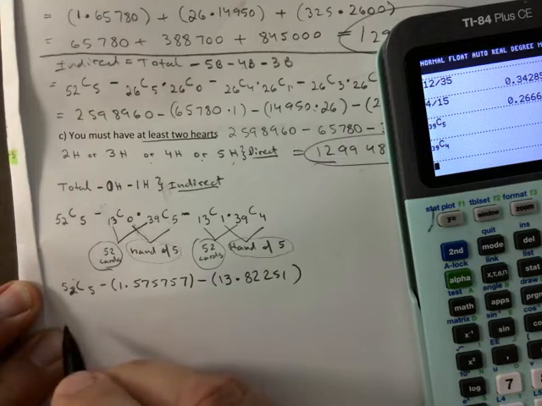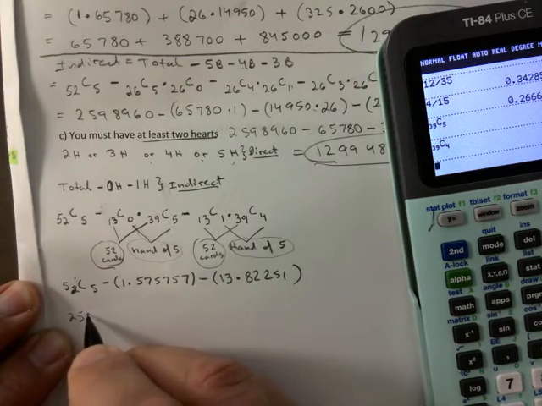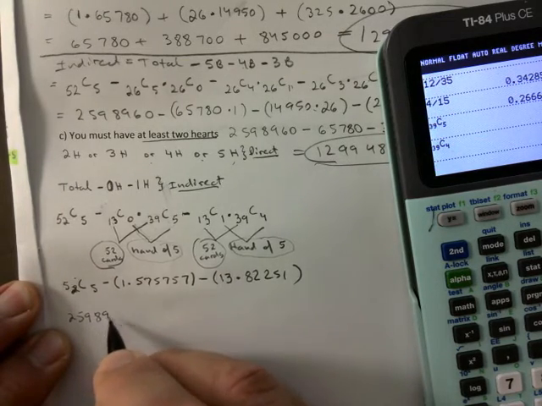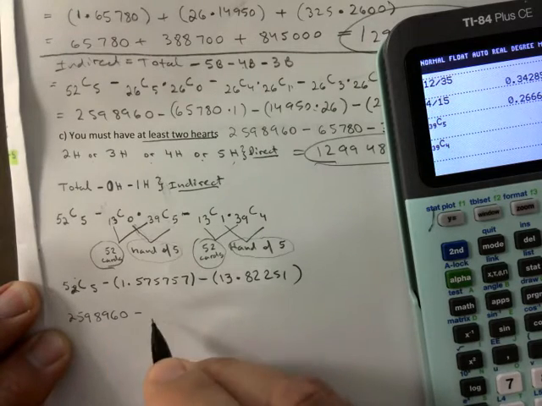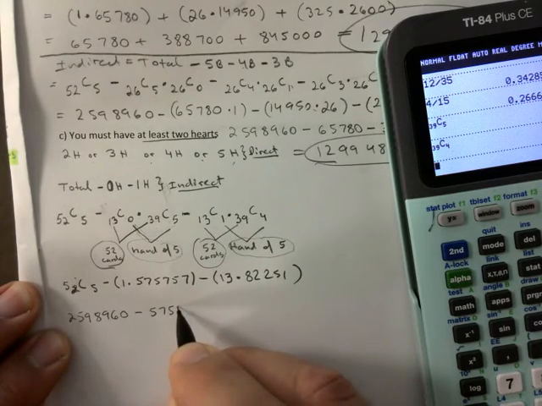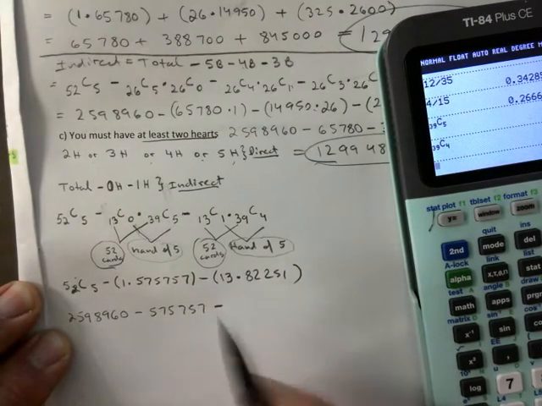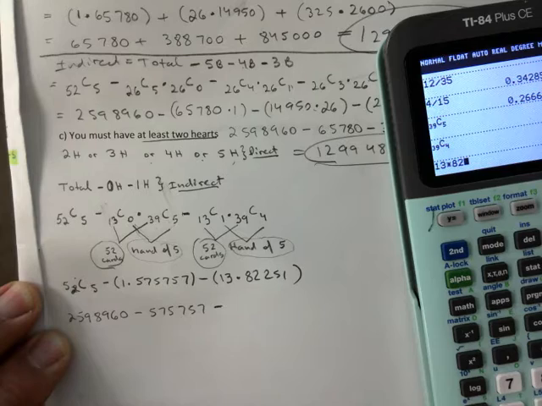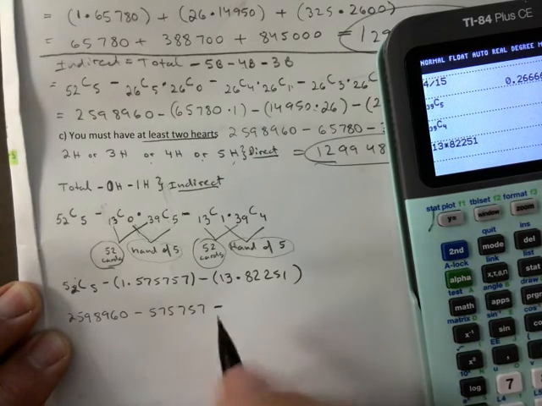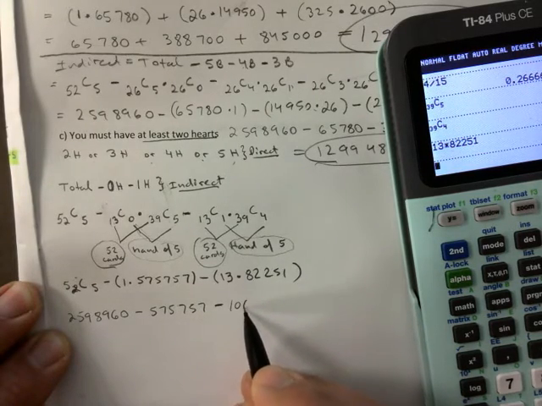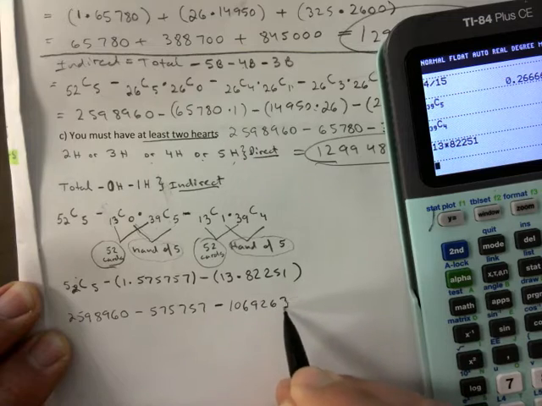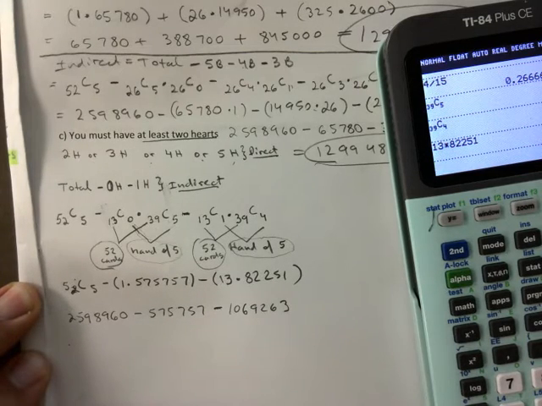I'm just going to go to A, by the way, right? And this is just 1 times 575,757 minus, I'm going to go 13 times 82,251. That's 1,069,263. And here's my total.